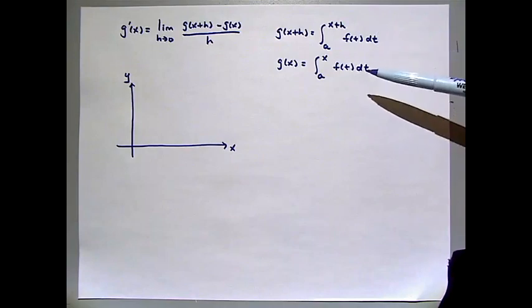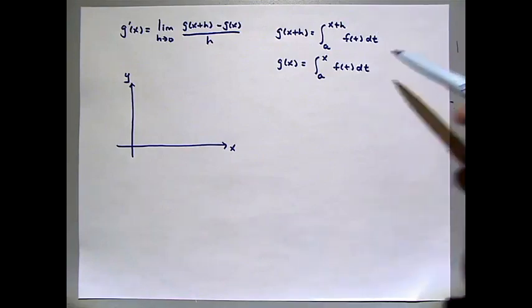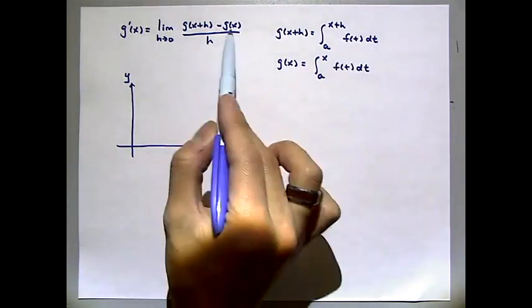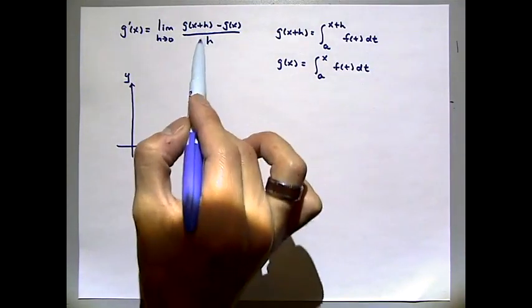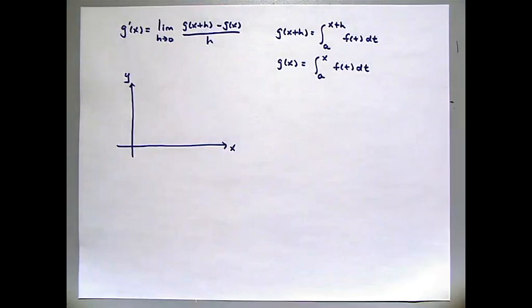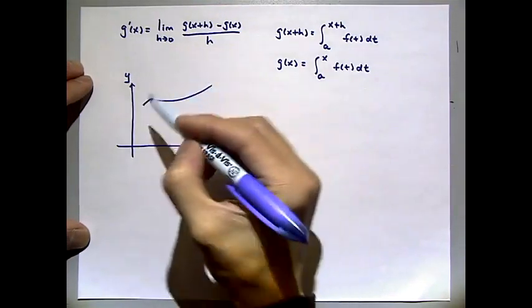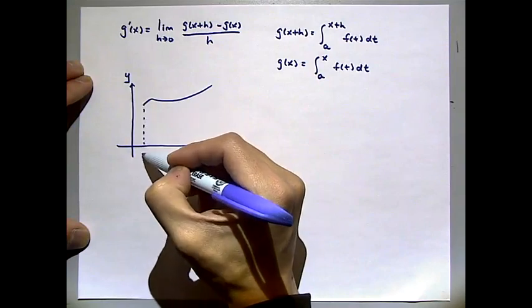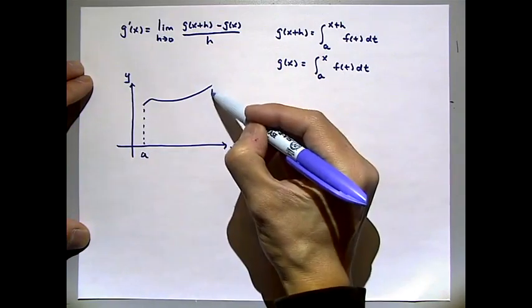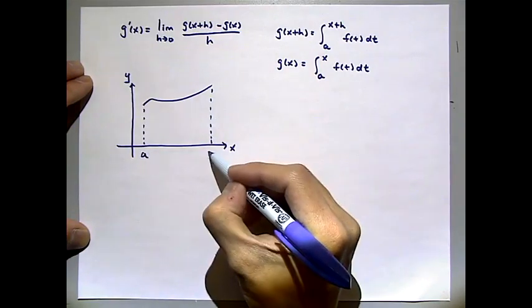So let's sketch what they look like, and then we're going to find a way to find out what the difference is. We need the difference of these two things on the top of that quotient. Okay, so let's sketch it out. Let's say this is a, and this is x plus h.